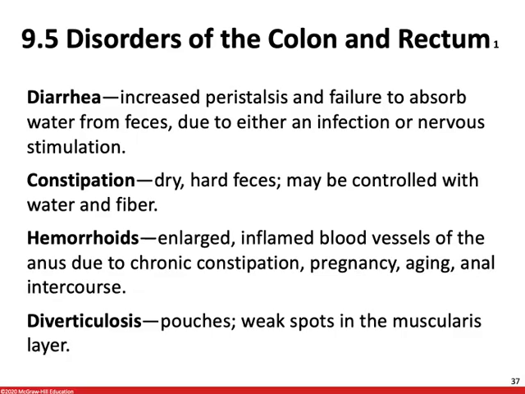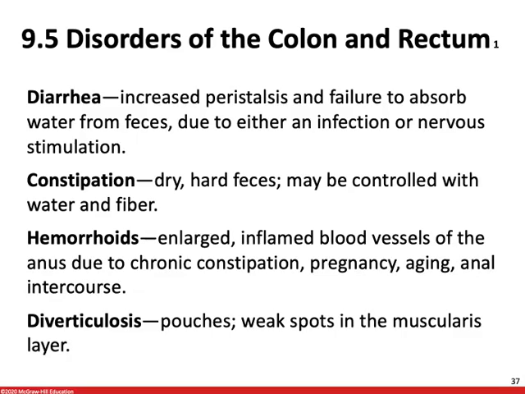Hemorrhoids are enlarged, inflamed blood vessels of the anus due to chronic constipation, pregnancy, aging, or anal intercourse. Diverticulosis is pouches or weak spots in the muscularis layer of the large intestine. Diverticulosis in itself is not threatening, but it can be if feces builds up in those little pouches and causes infection of the large intestine.